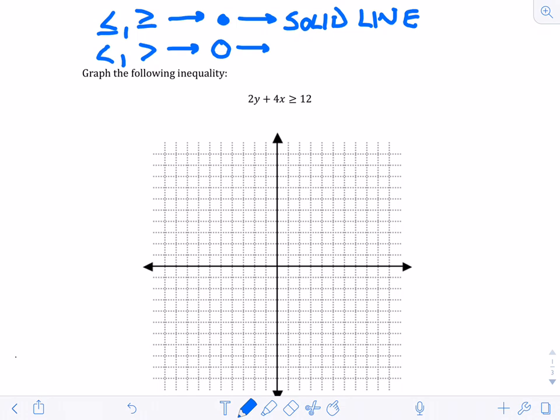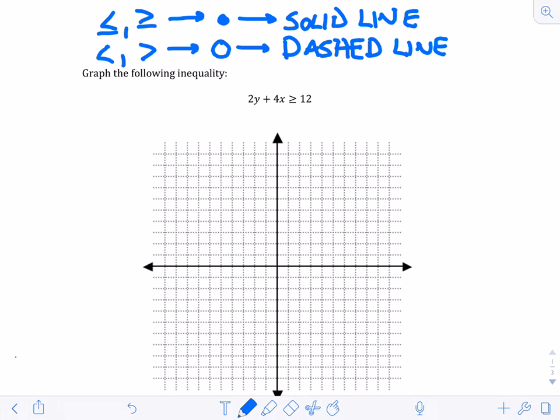However, again, since we're using functions, we can't use an open circle, so we're going to use a dashed line. So when you make your graph, instead of putting a solid line, you're going to put a dashed line.